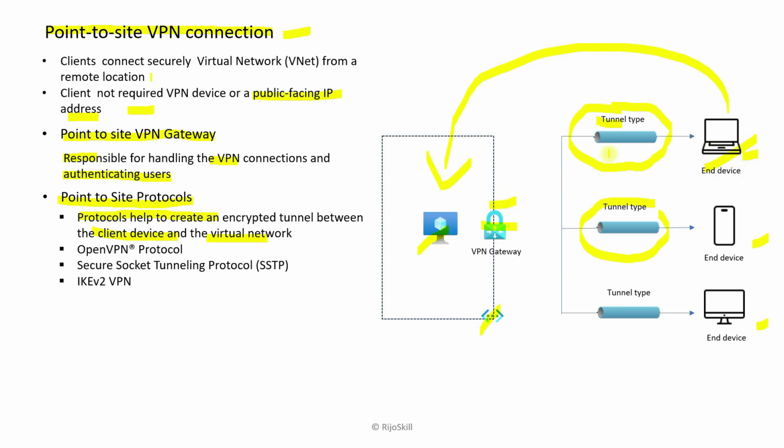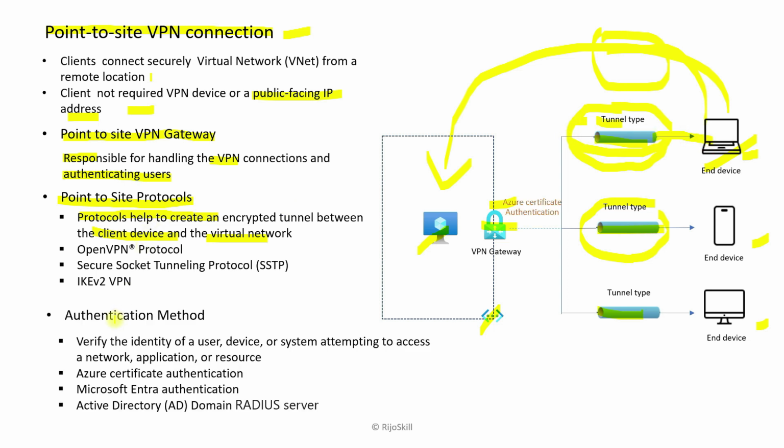For example, your device would otherwise connect through the public internet, but here they are not connected through the public internet; they will use a tunnel type protocol. The tunnel type methods available are the OpenVPN protocol, Secure Socket Tunneling Protocol, and the IKEv2 VPN protocol.